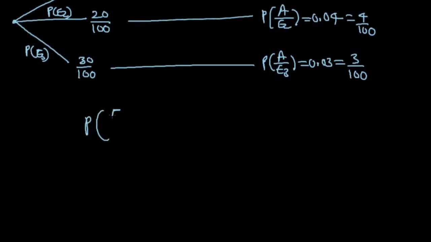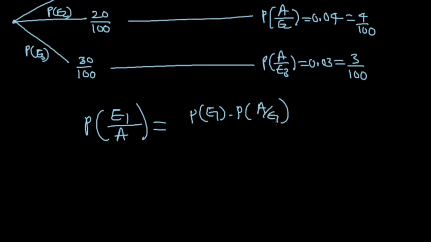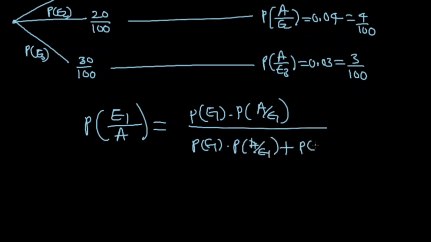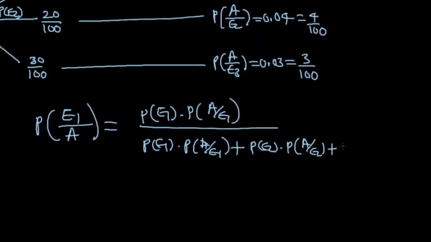The process being done by James and got an error, according to the Bayes theorem, is P of E1 into P of A by E1 divided by P of E1 into P of A by E1 plus P of E2 into P of A by E2 plus P of E3 into P of A by E3.